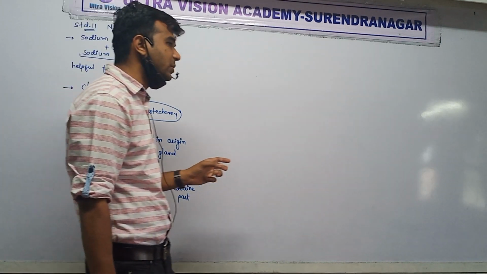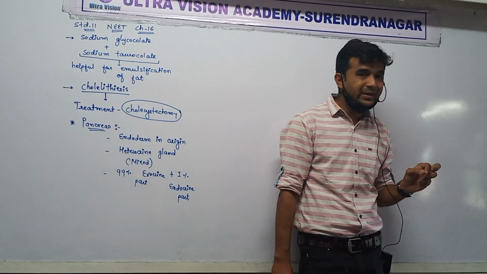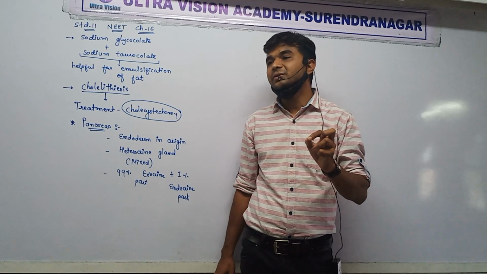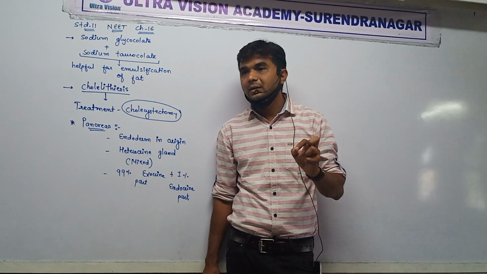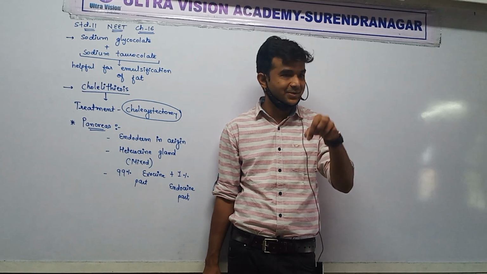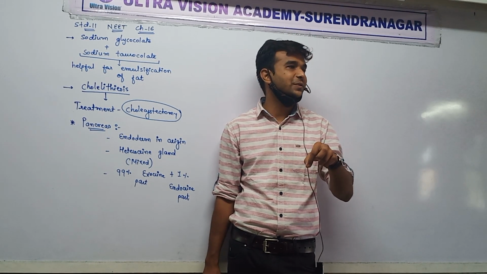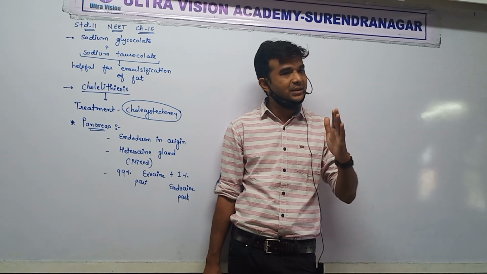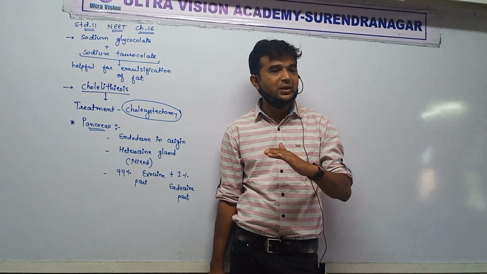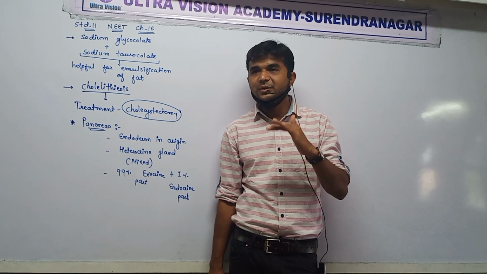That's why glucagon is known as hyperglycemic hormone. Whereas beta cells secrete insulin, which performs glycogenesis, formation of glycogen from glucose, and in this way it reduces the blood sugar level. That's why it is known as hypoglycemic hormone.